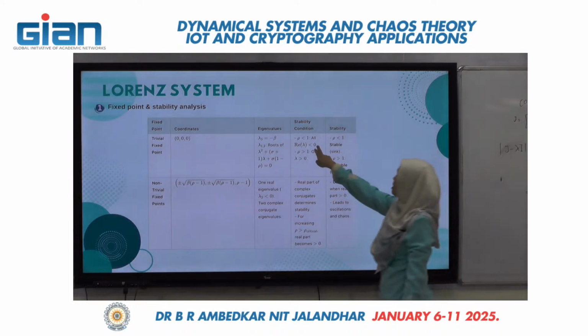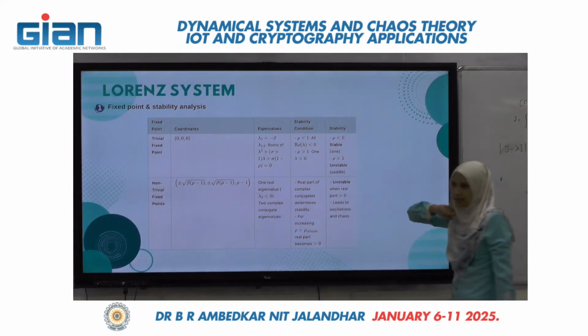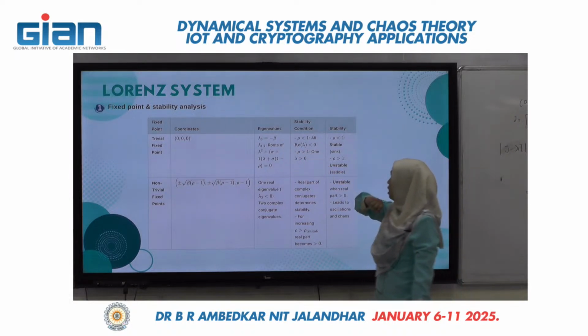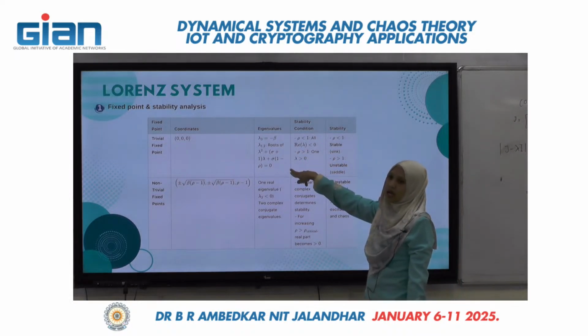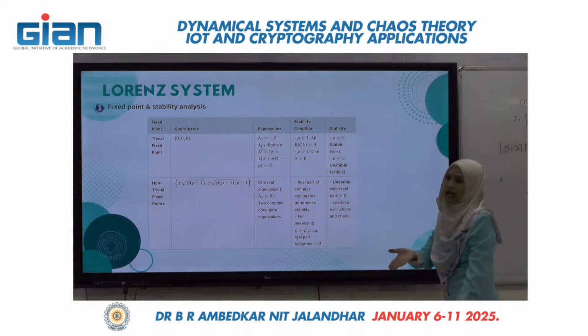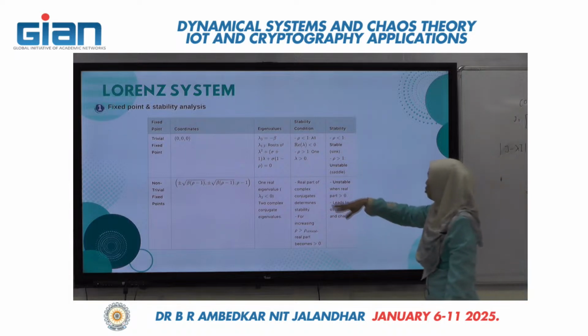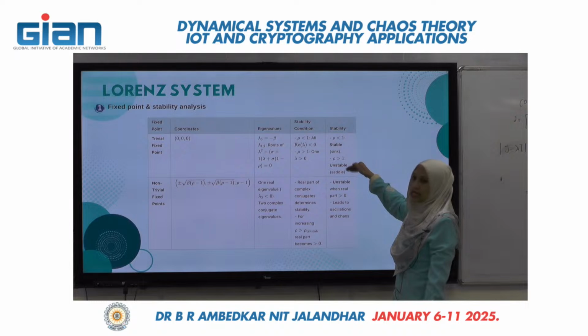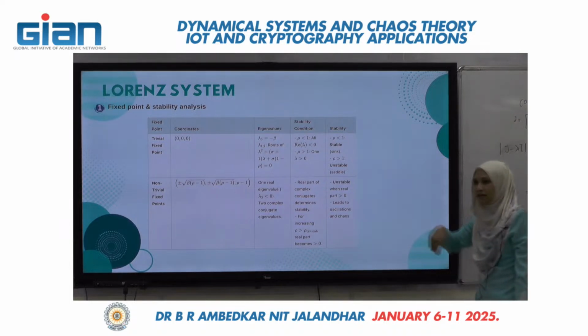So when it is less than 0, we can call it stable. Okay, and whenever we have rho greater than 1, we will have 1 eigenvalue with positive real part. So whenever rho is greater than 1, we can call it unstable. Okay, it will be inside the point.